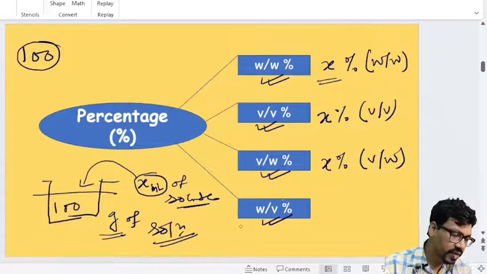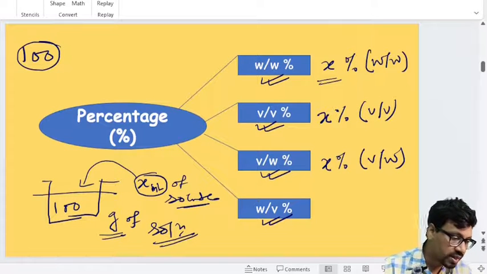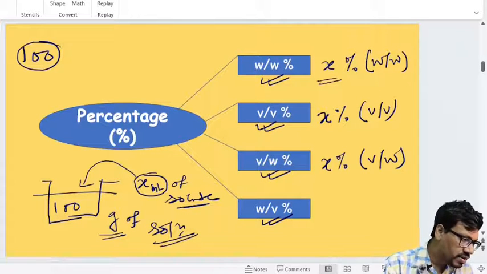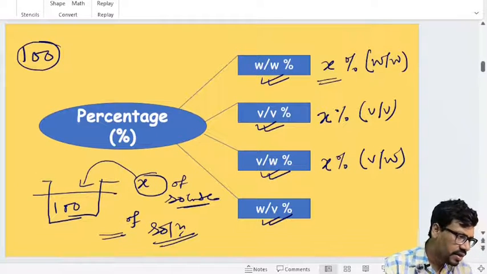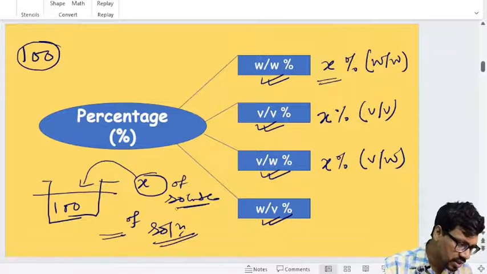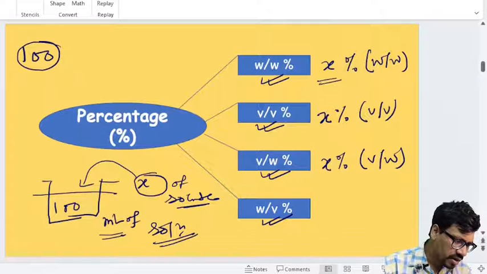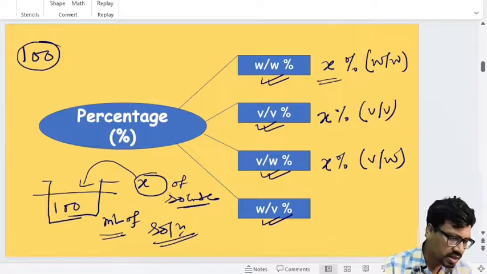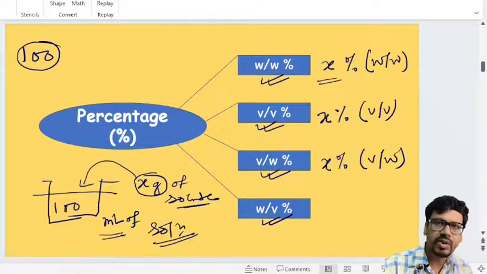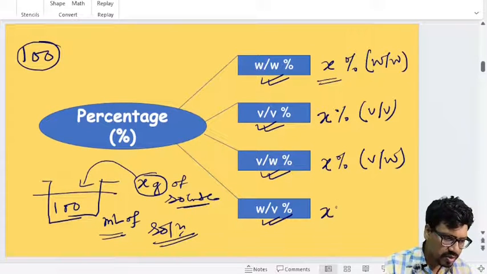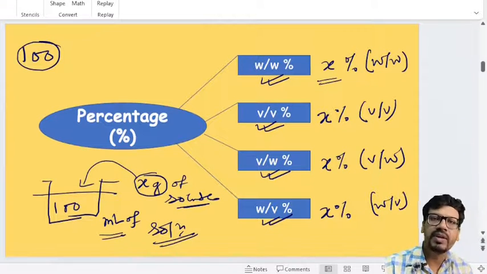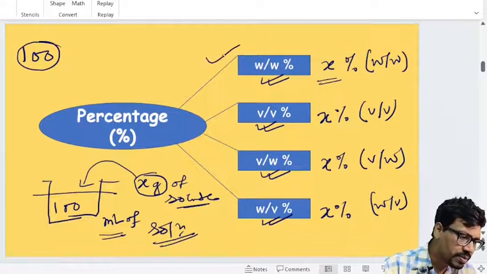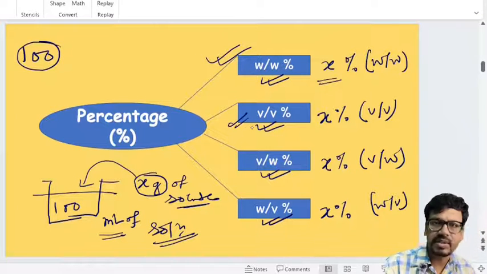Last one, if the volume of the solution is 100 ml, and in 100 ml solution x gram of the solute is present, the percentage is x percentage, that is W by V. So there are 4 types of concentration terms.